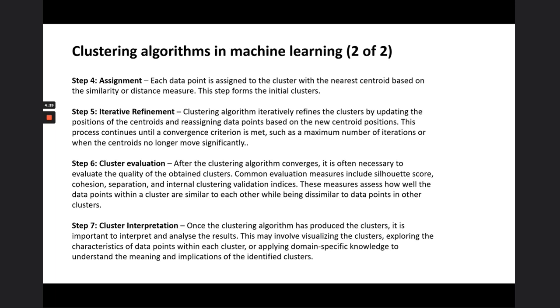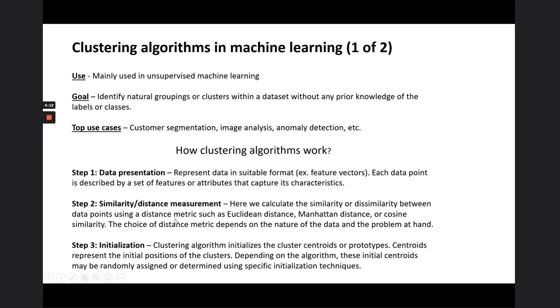This may include visualization of the clusters, exploring the characteristics of data points within each cluster, or applying domain specific knowledge to understand the meaning and implication of the identified clusters. This way, the clustering algorithm in machine learning does a lot in terms of pattern recognition, and when we talk about more aspects of the data, those groupings and clusters are formalized.